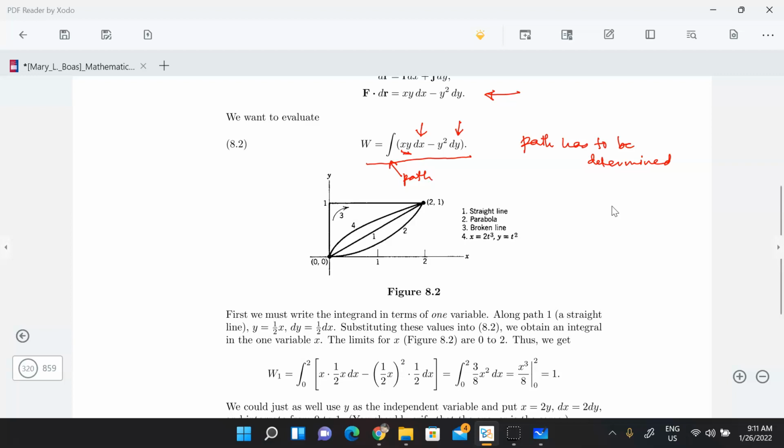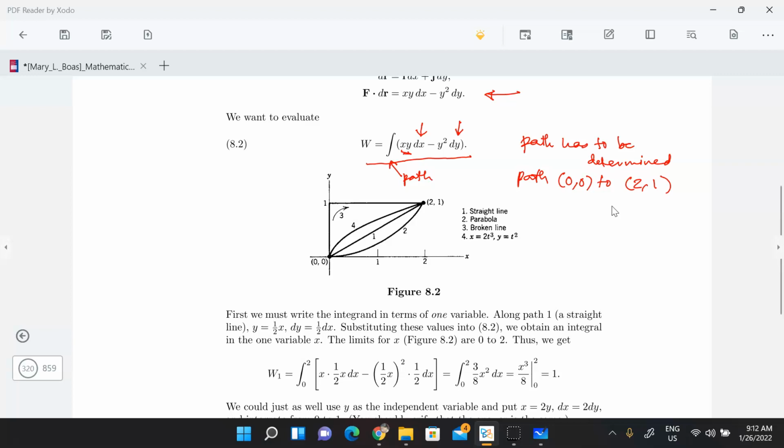All of them are going from (0, 0) to (2, 1). So in other words, the endpoints of the line integral are actually given, and the only thing that was not specified is which path you are going to take.